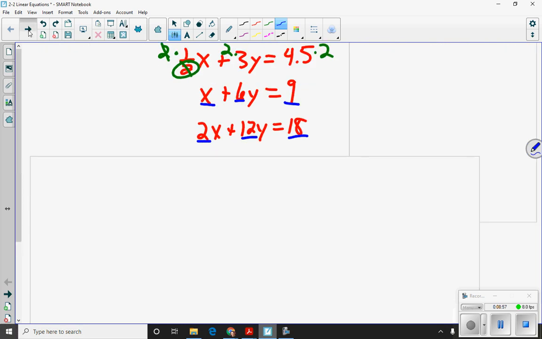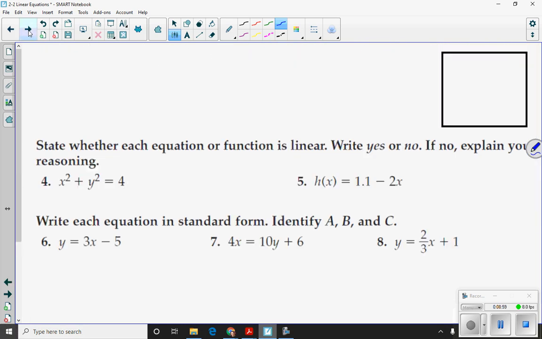Okay, let's do a couple quick problems just to see if you got the hang of it. I'm going to ask you, please, find out, is it linear, yes or no, and explain why. So coming back, how do you know if it's linear? You're looking at the exponents. If x or y has an exponent on it, it is not linear. You can't have those crazy weird exponents.